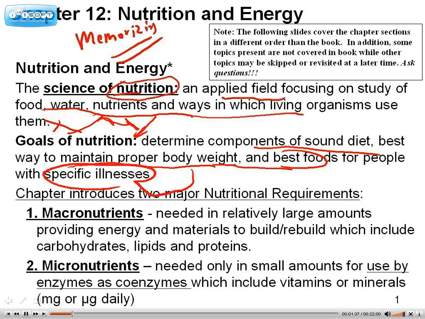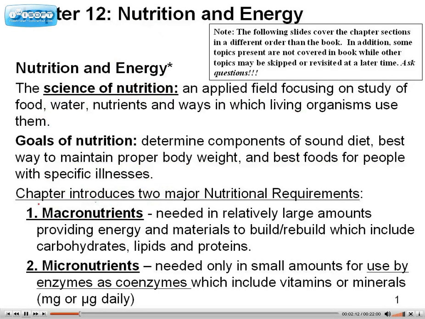So they might have specific genetic diseases where they might need extra types of nutrients more than the average person may need, or to avoid specific types of nutrients. The best example is lactose. Some people are lactose intolerant. Consequently, you want to avoid any type of products that have lactose sugars. And let's move on.